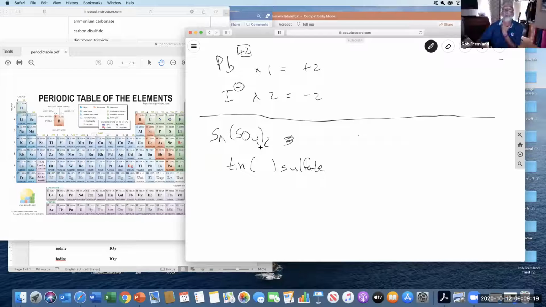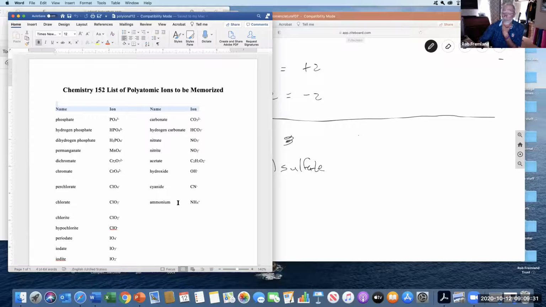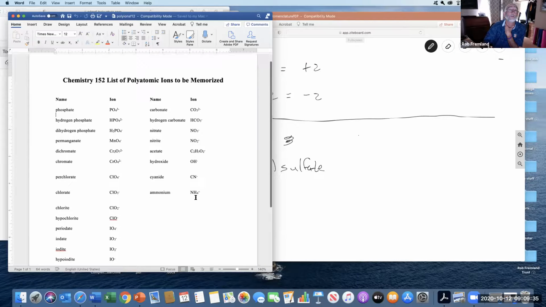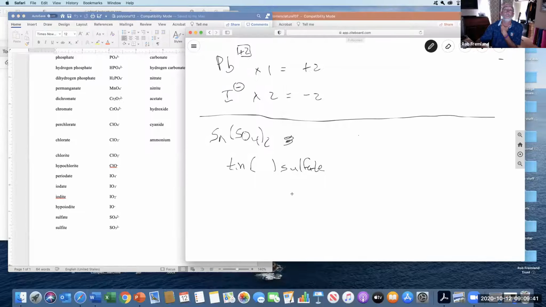Well, the 4 is part of the ion, so no. It does come out to be 4, but that's not why. So polyatomic ions, right? If you look on here, sulfate, that's a good question though. Okay, sulfate, where's sulfate? It's at the bottom. Here it is. Sulfate is SO4. So that 4 has nothing to do with the charges, it's just part of the ion.